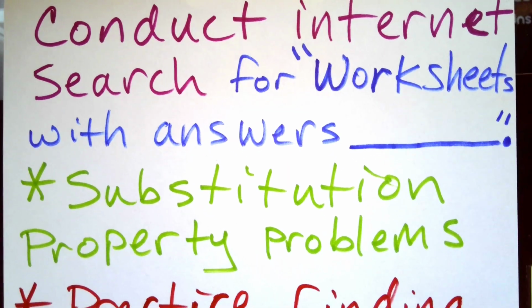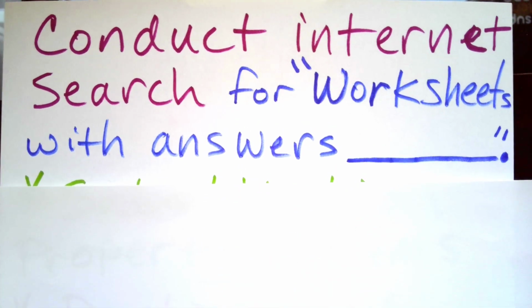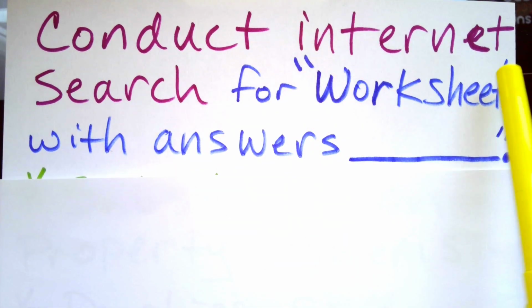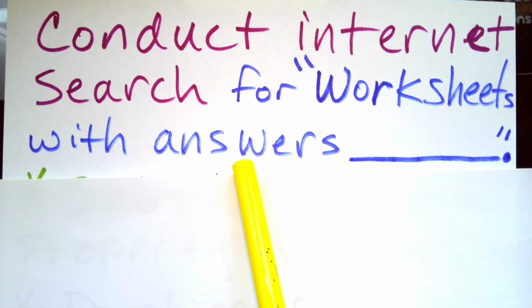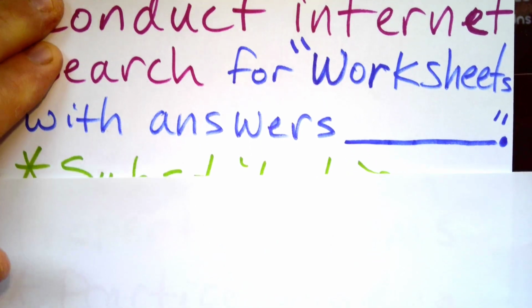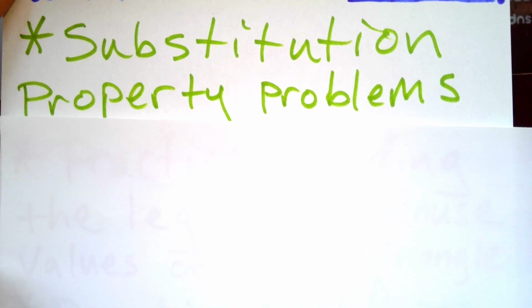Here, I'm including some of the things you want to do to practice your new knowledge, skills, and ability if this was new for you. You can conduct an internet search for worksheets with answers. Substitution property problems, right?